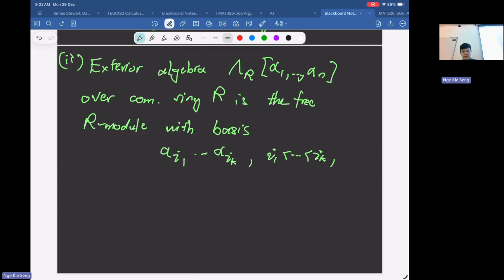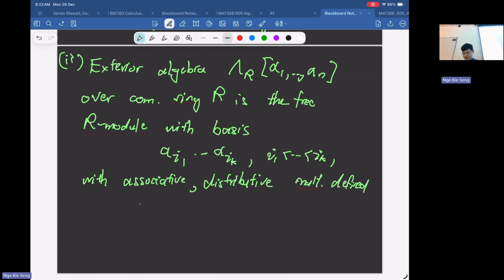And it is associative and distributive, with the multiplication defined by the following.